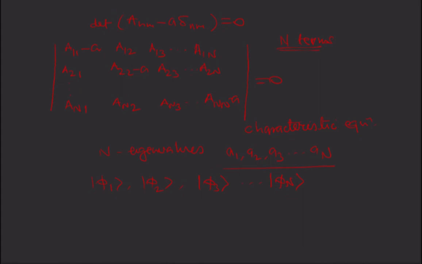So n components are bra phi 1 ket psi, bra phi 2 ket psi, and so on, bra phi n ket psi, corresponding to the eigenvector phi m.